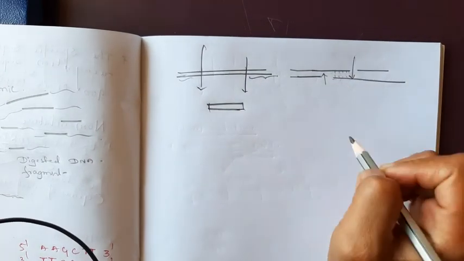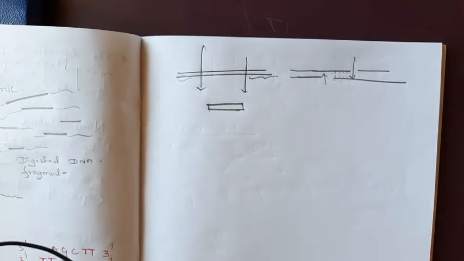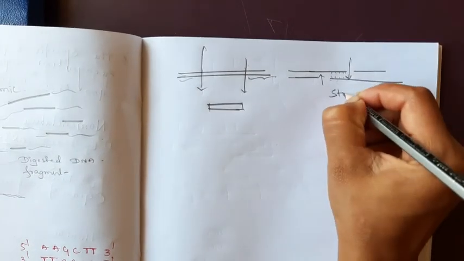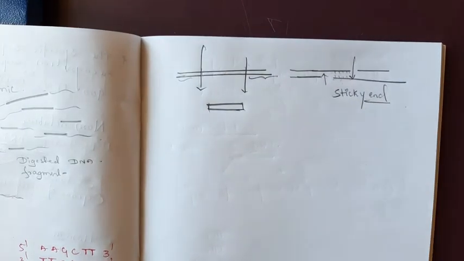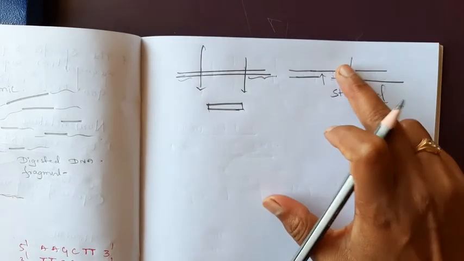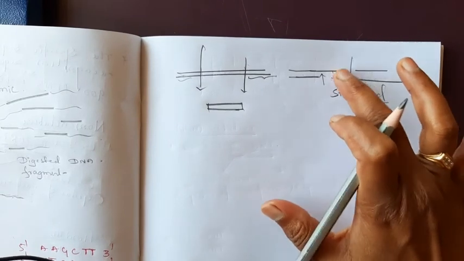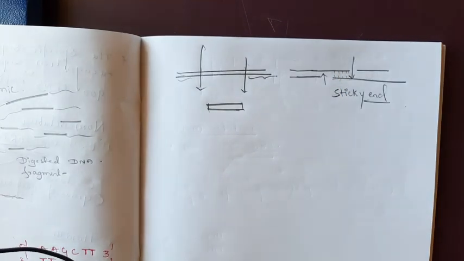This type of cut will result in the formation of a sticky end. It is called a sticky end because the single strand of DNA remains, ready for bonding with any other complementary DNA.